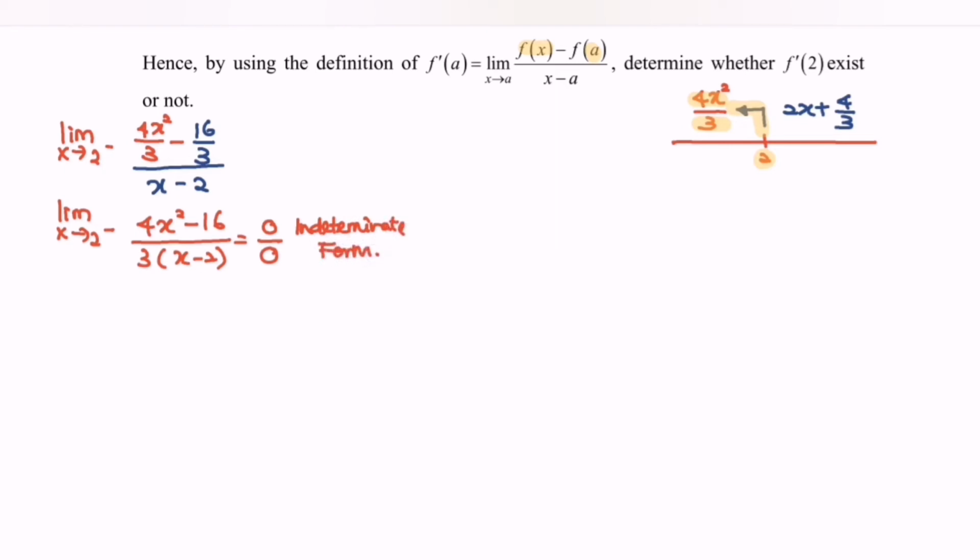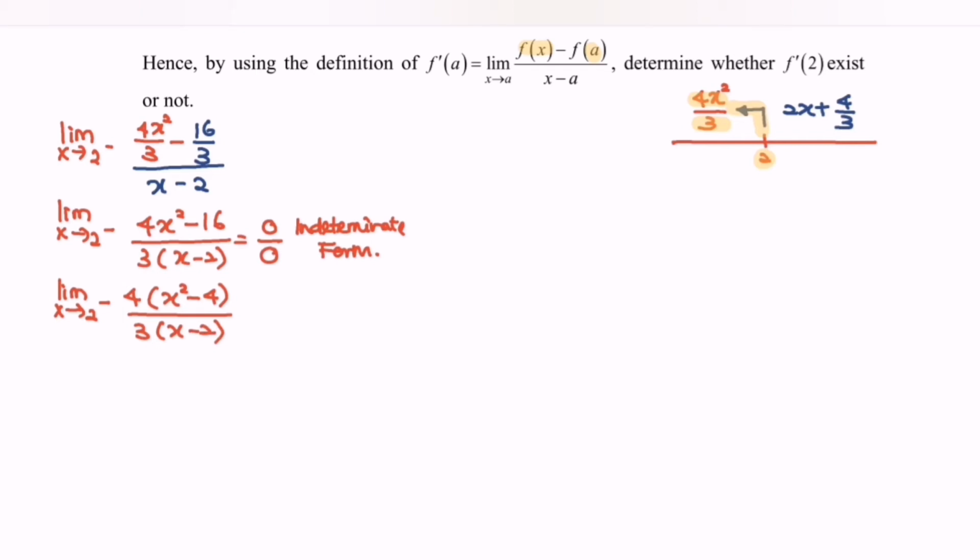There are several strategies that we can use to solve this kind of situation. First, multiply with the conjugate. Second, factorizing. If we factorize, we will have the limit when x approaches 2 from the left of 4 times (x squared minus 4) over 3(x minus 2).